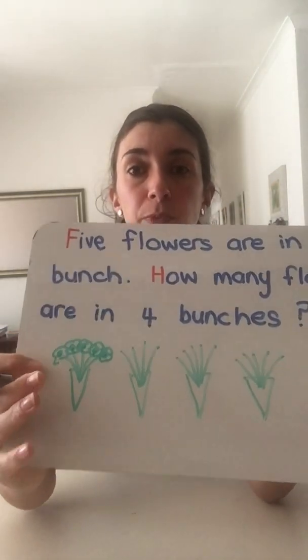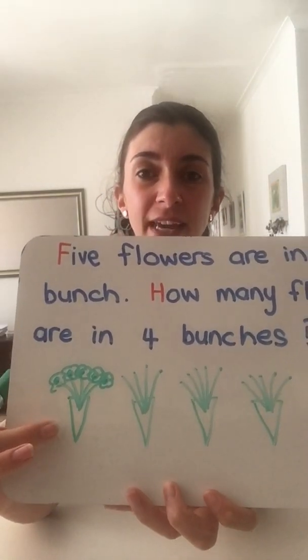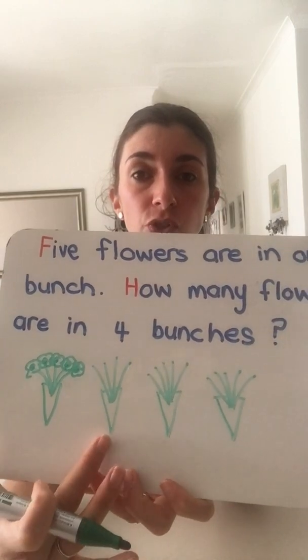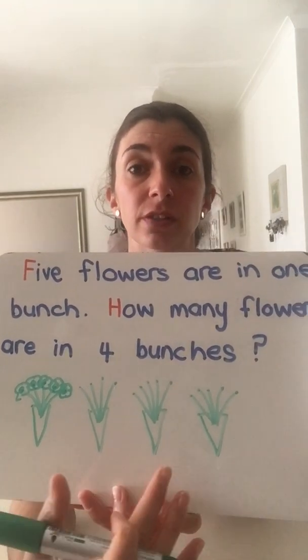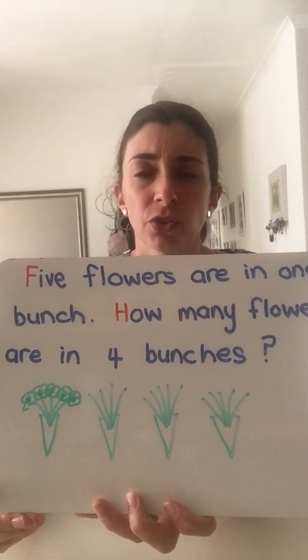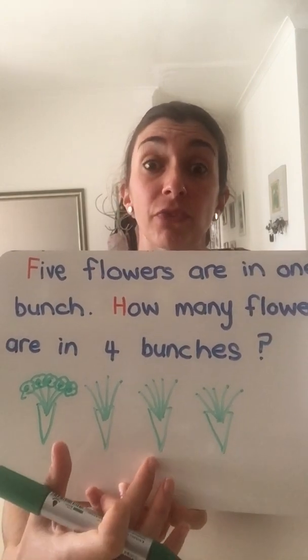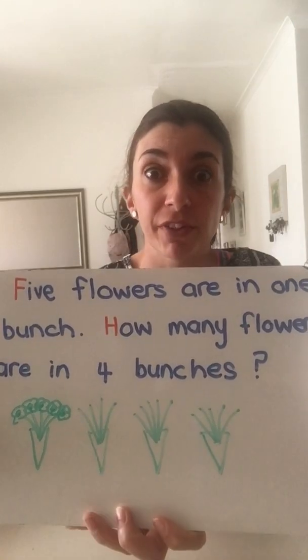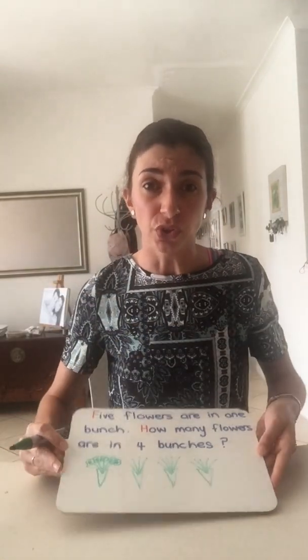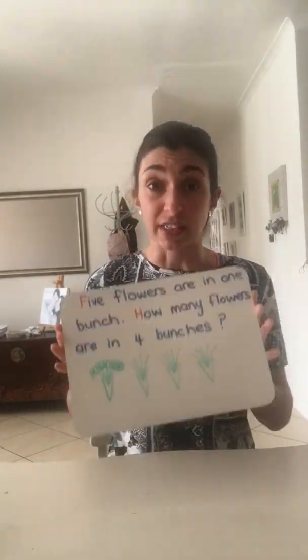Okay, I'm not going to draw the beautiful bits on the top, but that's 1 bunch, 2 bunches, 3 bunches, 4 bunches. So if there's 5 in that bunch, 5 in that bunch, 5 in that bunch, and 5 in that bunch, I can also show the same thing. So there's a picture, but I can also use my counters.